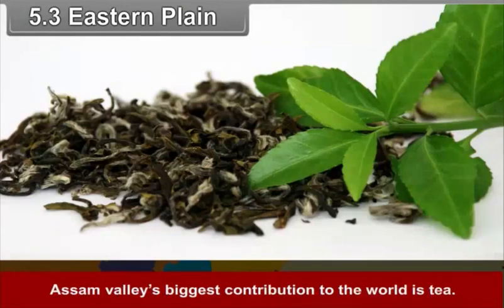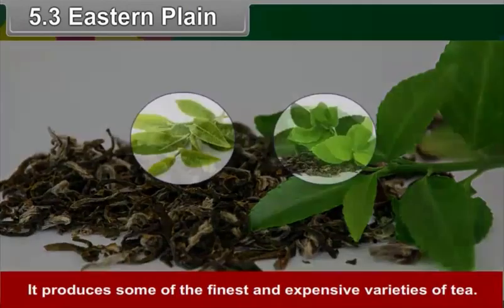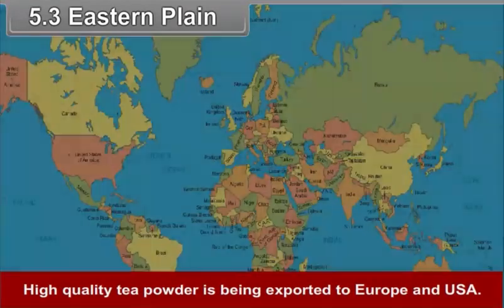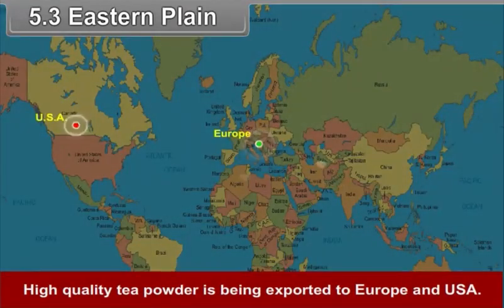Assam Valley's biggest contribution to the world is tea. It produces some of the finest and most expensive varieties of tea. High quality tea powder is being exported to Europe and USA.